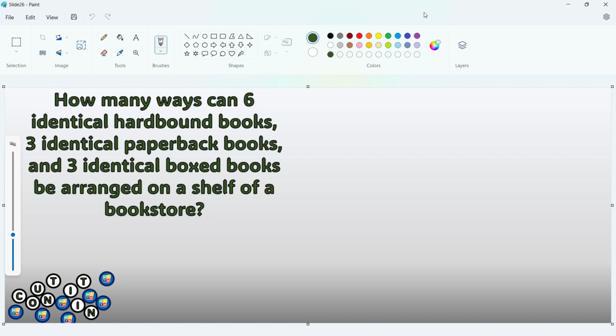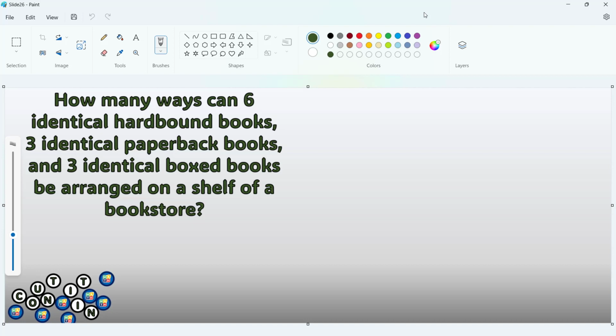That's another permutation. However, take note that our books here, specifically the hardbound books, there are 6 identical books, meaning these books cannot be distinguishable. If you're going to interchange one hardbound book with another identical hardbound book, how would you know that that's a different permutation? Supposedly, it should be counted differently.